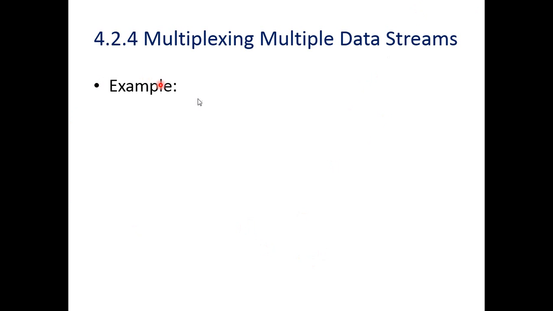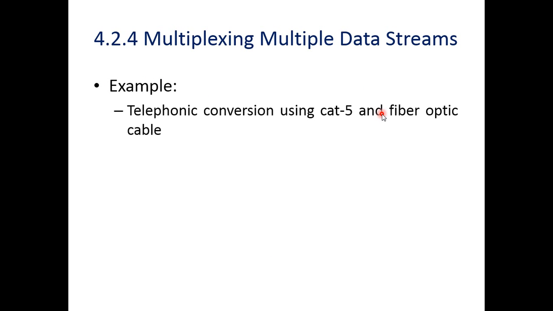Multiplexing multiple data streams. Example: suppose we are living in a society and there are 100 houses in the society, and assume that all the houses from 1 to 100 have a single telephone line in each house.